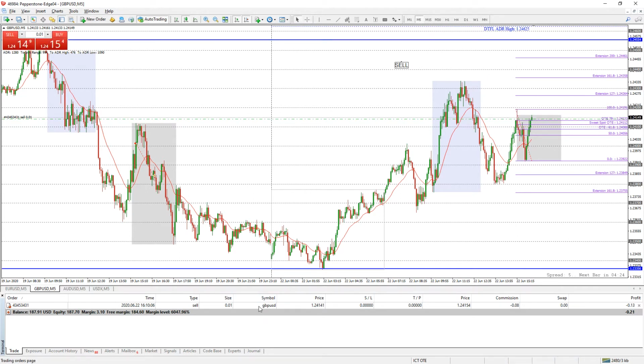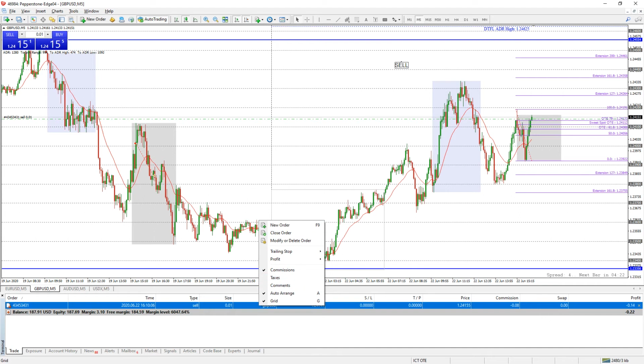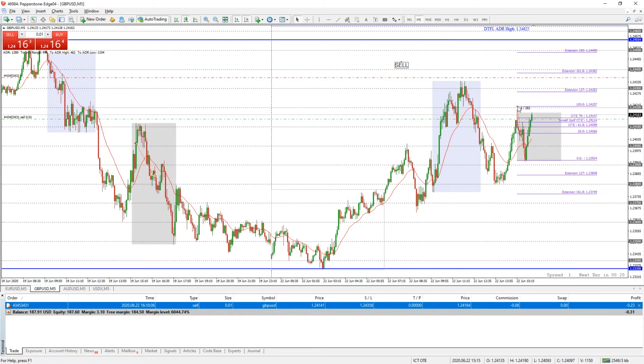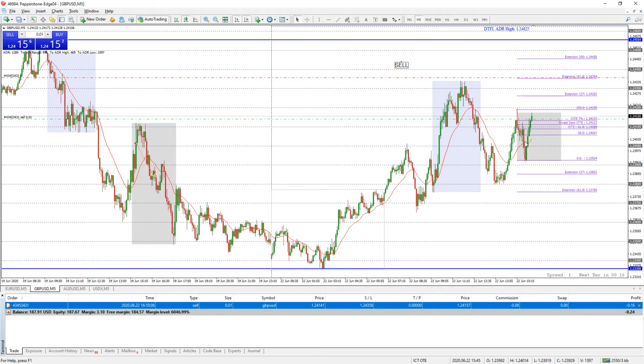So let me put my stop loss, and we will come back to this trade in a little while. If this 5-minute candle closes above this OTE here, I'll basically consider this trade invalid, and I'll just cancel this trade.